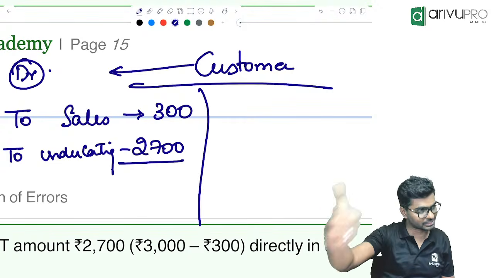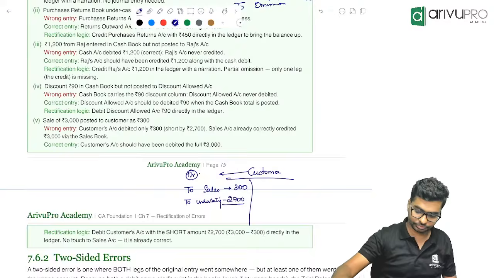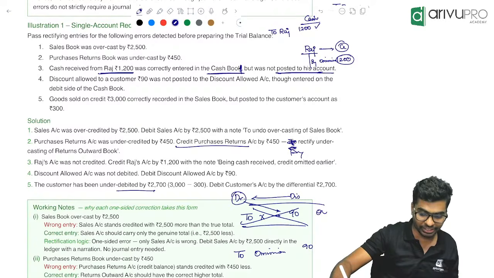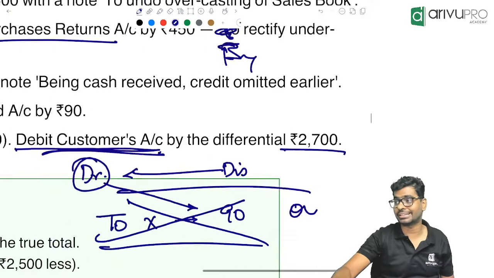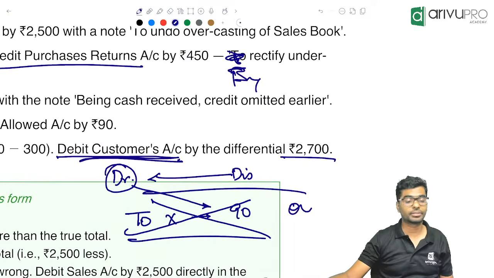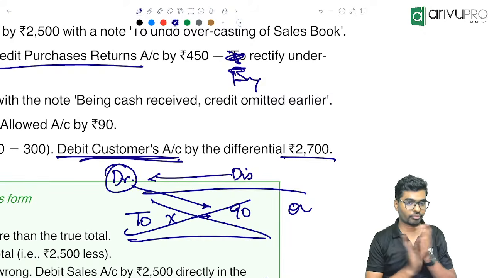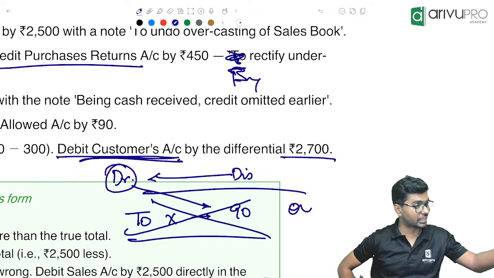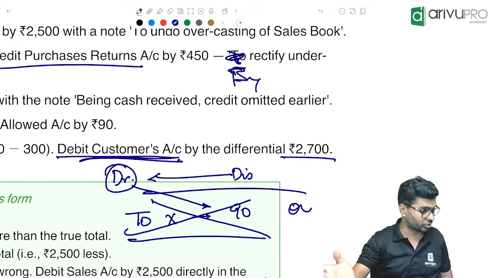Either I can write it as the statement or I can pass it as a journal entry. See here, the customer account has been under debited by 2,700. Therefore, debit customer's account by 2,700. Are you clear? So for one-sided errors, before trial balance, you can do either the statement format or the to-by format, whichever is easier for you.